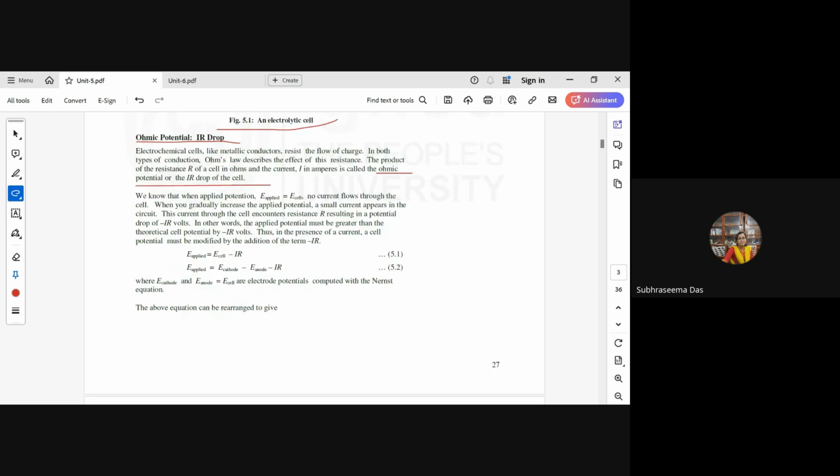Now, if the applied potential is equal to the EMF of the cell, then there is no current flow inside the cell. However, when we keep on increasing the applied potential, then the current flows through the circuit.